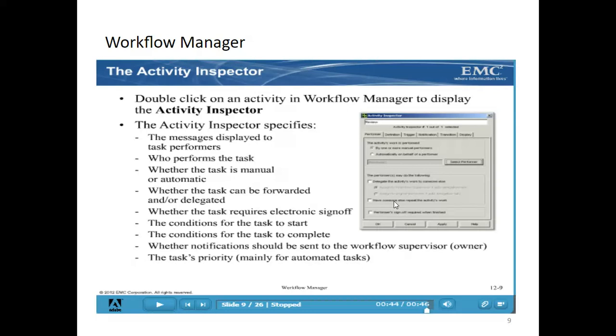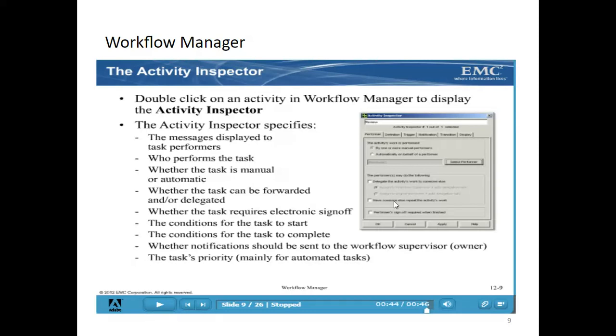Basically there are six options: performer, define, trigger, notification, transition, and display. Performer is the place where you can define whether it should be manual or automatic, and you can select which user is going to perform the action, or which group of users is going to perform the actions.